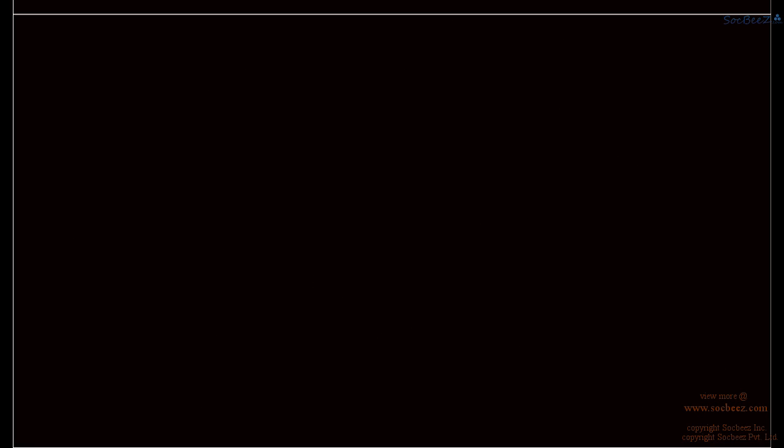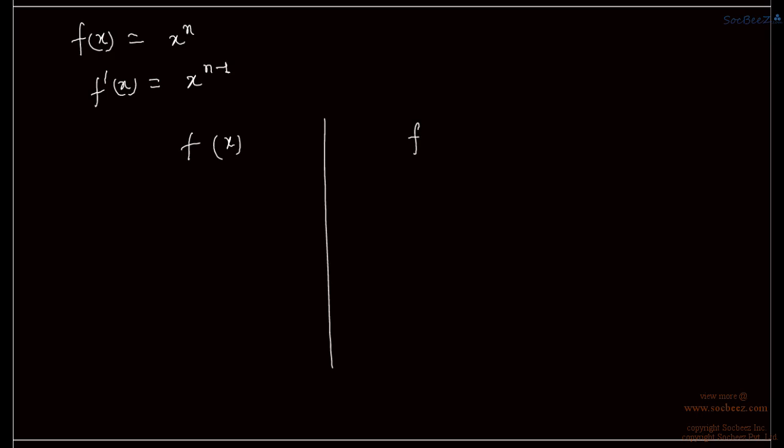So for a function, say let us see if fx is equal to x to the power n, then we write f dash x as n x to the power n minus 1. Okay. So let us make a table, fx here and f dash x there.